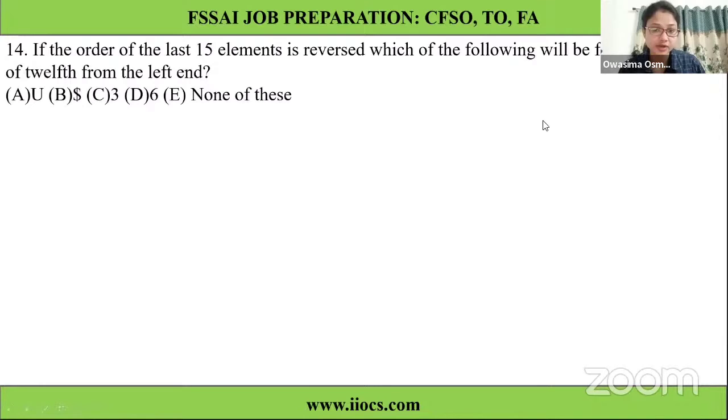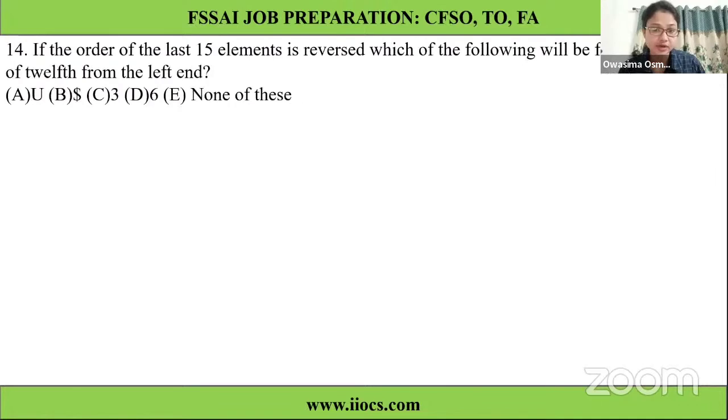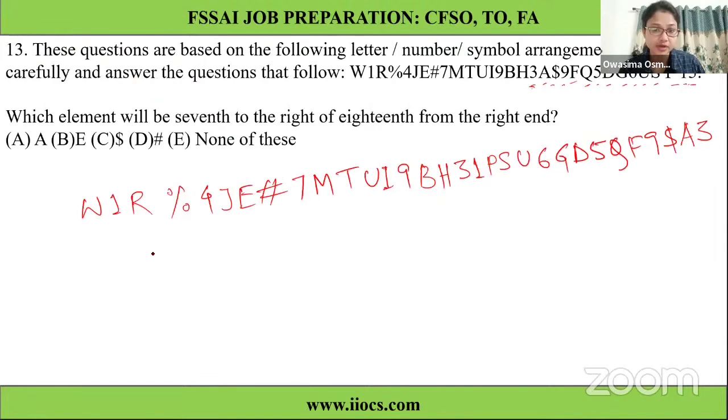Fifth to the right of the 12th from the left end. So we'll count the 12th term from the left end, 1, 2, 3, 4, 5, 6, 7, 8, 9, 10, 11, 12.